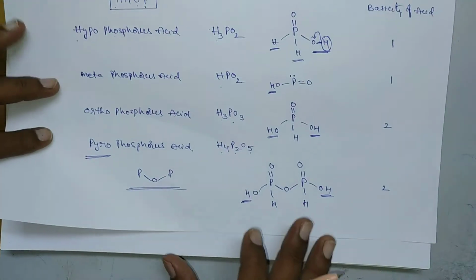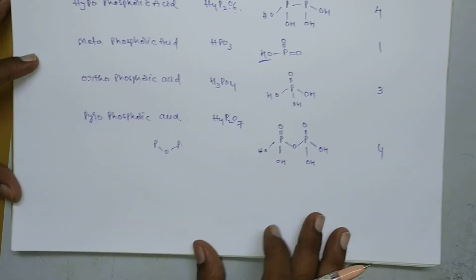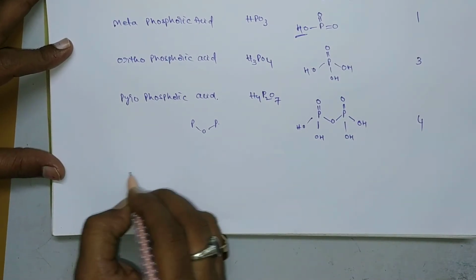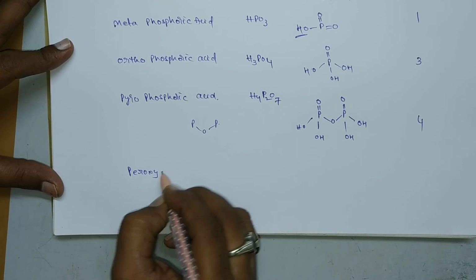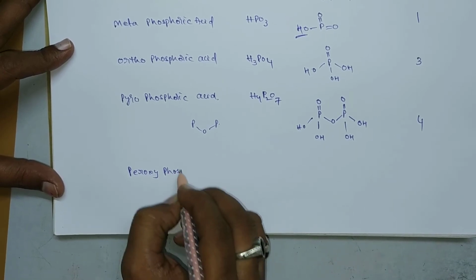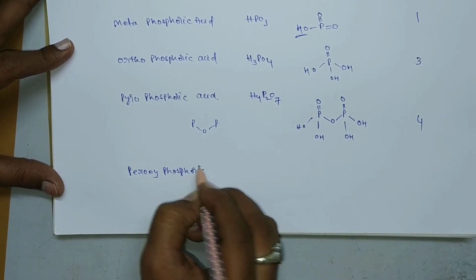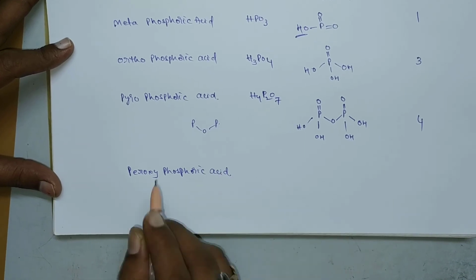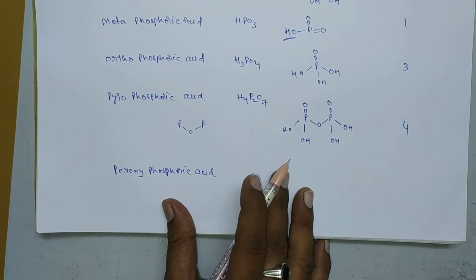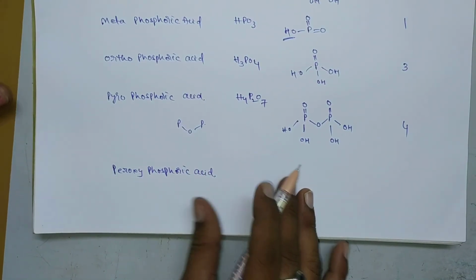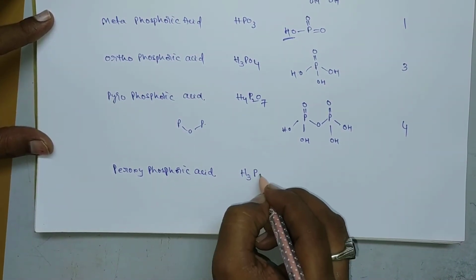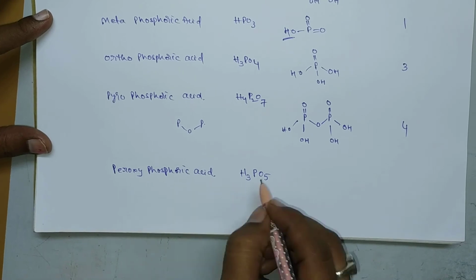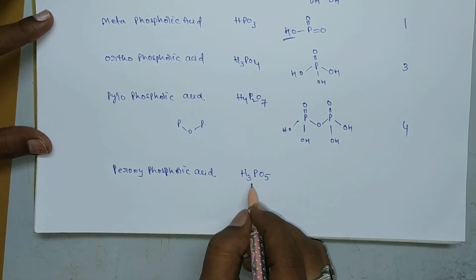Next, one more example is there, the oxoacid peroxyphosphoric acid. This is a special case because it consists of a peroxy bond. The example is H3PO5, which means peroxyphosphoric acid.